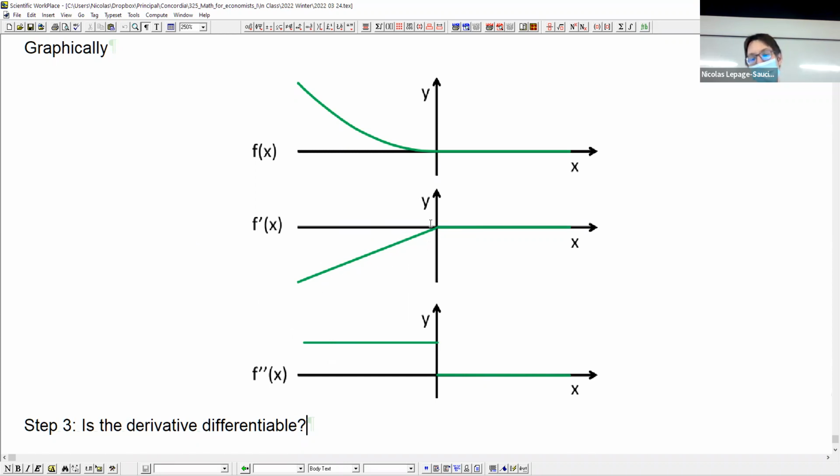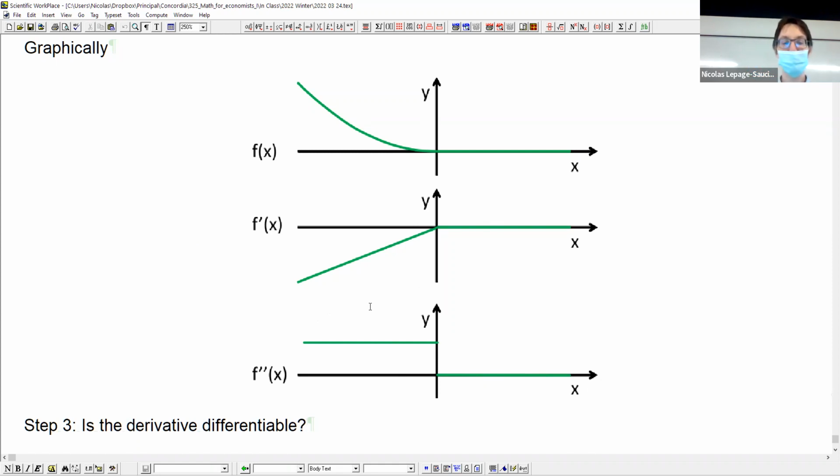But then you see that if I have a kink here, then the derivative is essentially jumping. So the derivative is not continuous, is not differentiable. It means that the second derivative is not continuous. Here I have to lift my pencil to draw the whole thing.